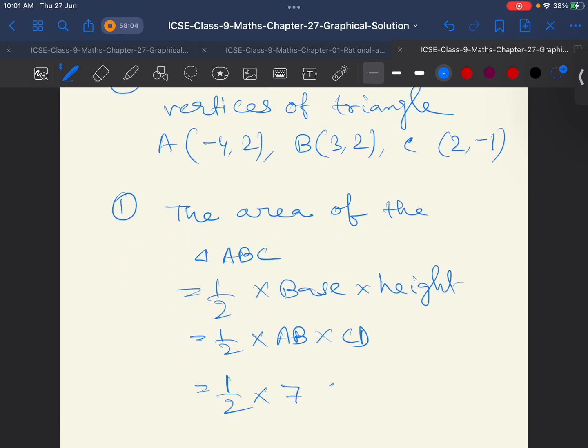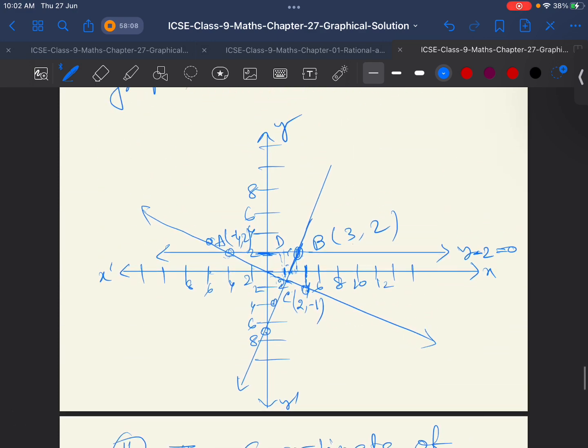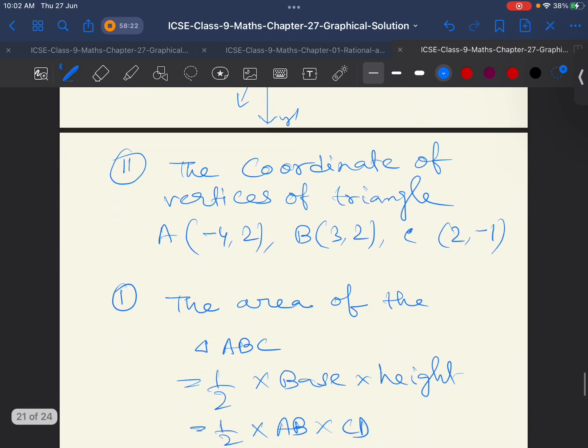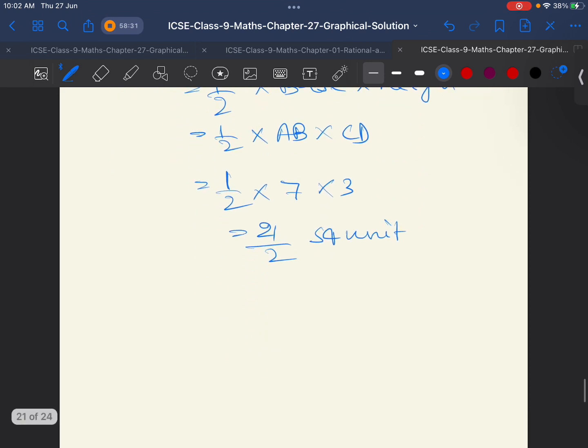So the base is 7 and the height is here, this is 2 and from this point the y value is minus 1. So this is 1 and this is 2. Total distance of CD, the height, is 3. So the area is 21 by 2 square units.